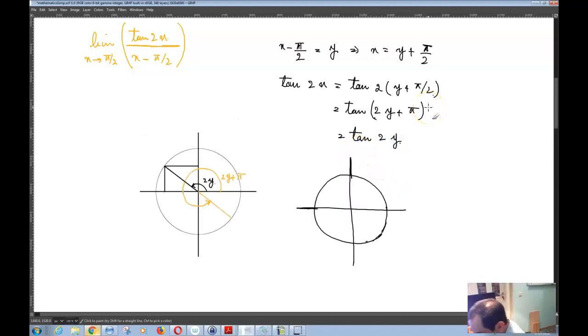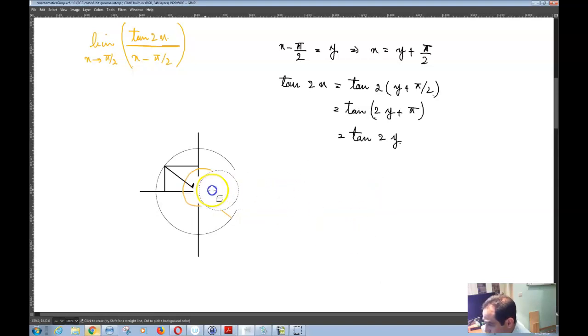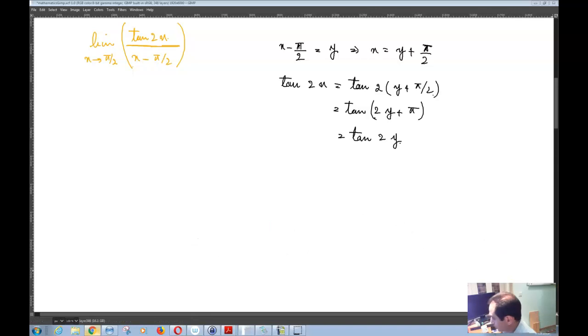Okay, so I kind of got into trigonometry, but then I had to go back because this is not a good place for trigonometry, really. I suppose it's enough to note that tan of 2y plus pi is equal to tan of 2y, and that's enough for now.